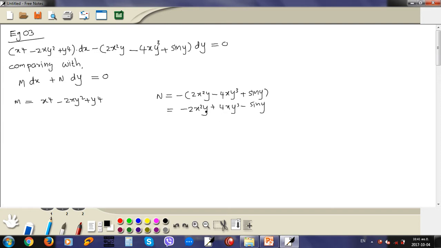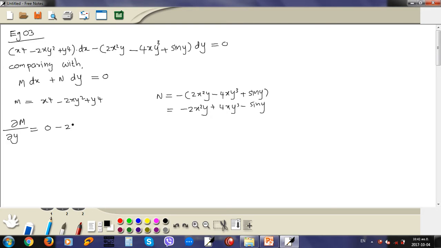Here you can remove the brackets and this minus sign. Next we have to check the exactness. To that we can find ∂M/∂y first. If we differentiate x^4 with respect to y, it is a constant, so it becomes 0.